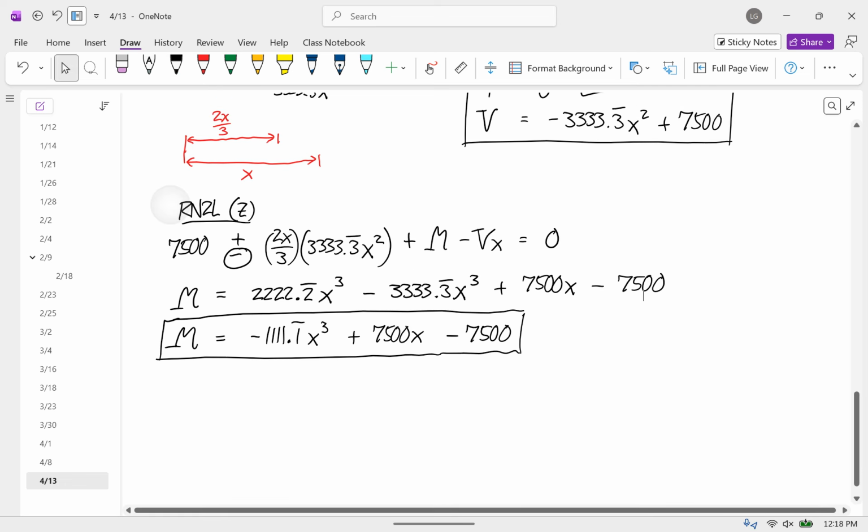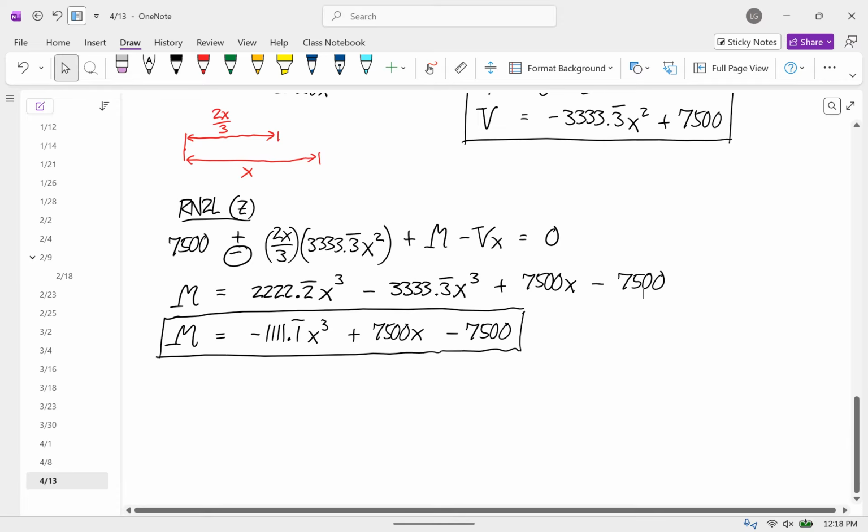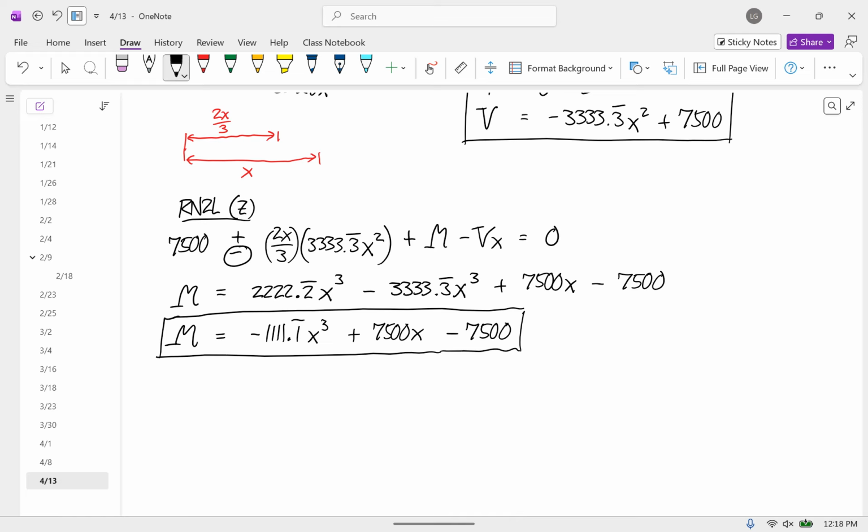Oh, it's positive here because I moved everything to the right side of the equation. So it's negative, and then it became positive when I got M by itself. When you move the Vx over, shouldn't that be positive then? Vx should be positive, so it's positive Vx, but then when you plug in V, it's a negative 3,000 thing. So I think this looks all right to me.